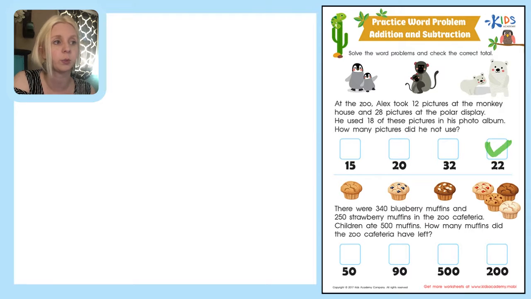So once again, these are big numbers, but we need to set up a problem so that we can find our answer. So here we're going to write 340, that's the blueberry muffins, okay? And we're adding this together to find our total. And then it says we also need how many? 250 strawberry muffins, okay?